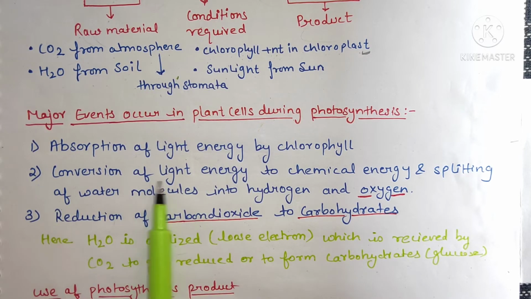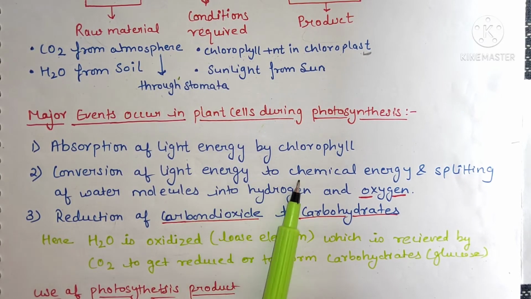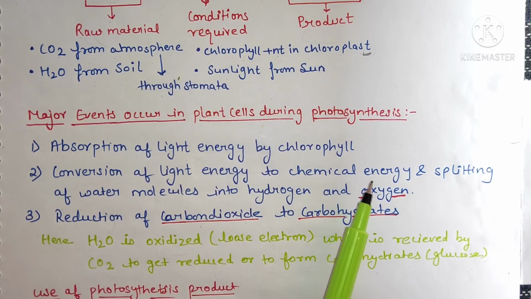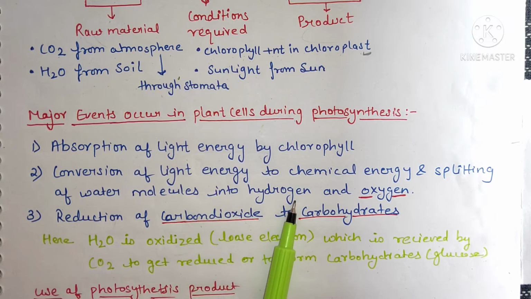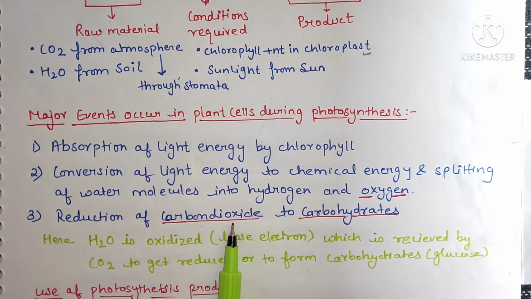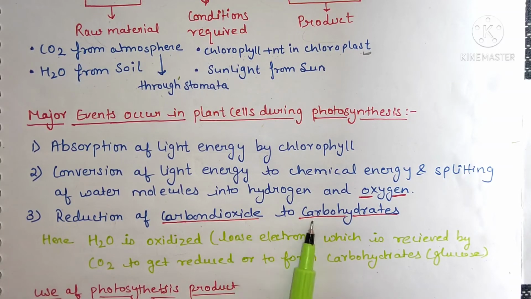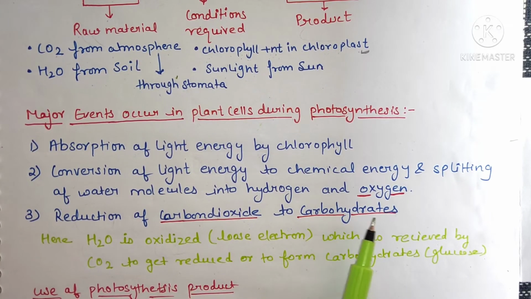Then in the next step this light energy is converted into chemical energy, and this chemical energy causes splitting of water molecules into hydrogen and oxygen. And in the third step, carbon dioxide is reduced to carbohydrate, which is glucose.